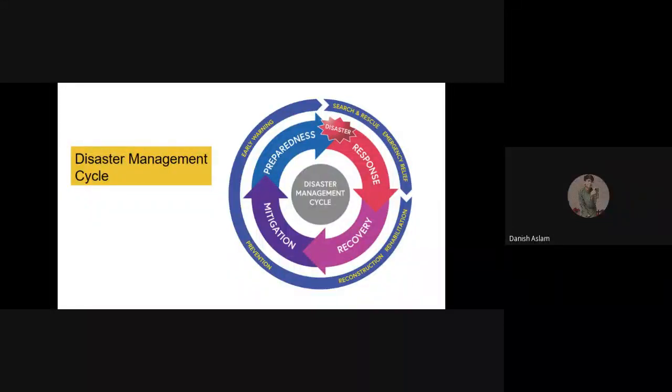There is a cycle: early on we have early warnings, and then we do search and rescue if the disaster happens. Then we do emergency relief, then we reconstruct or rehabilitate.